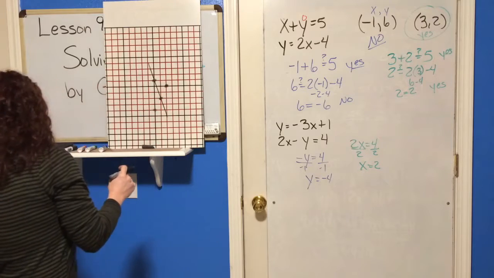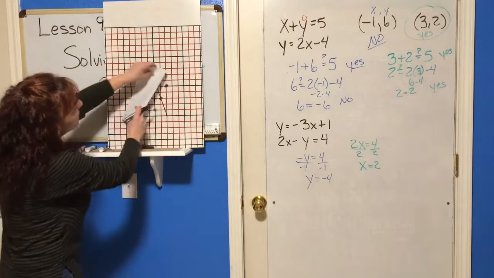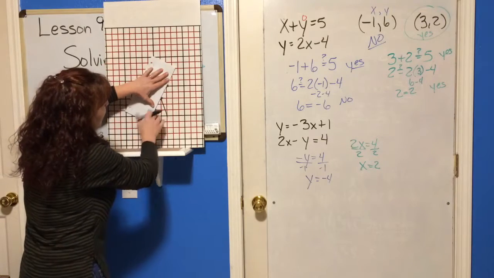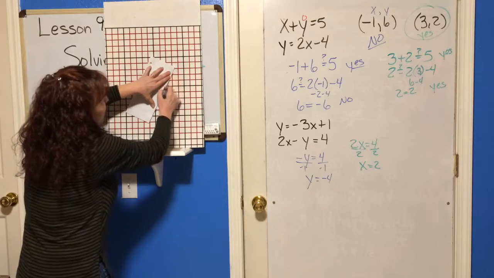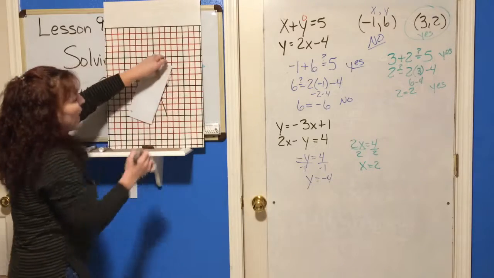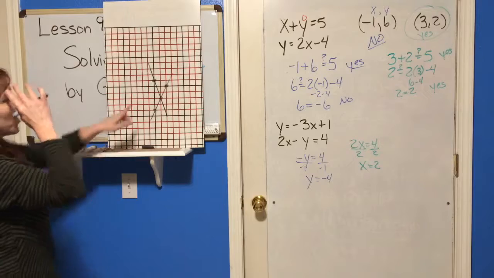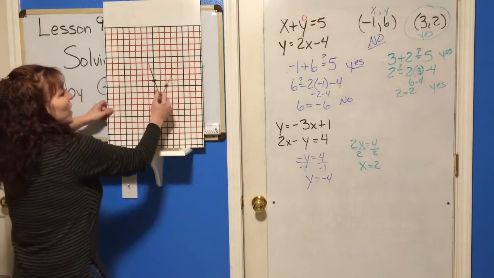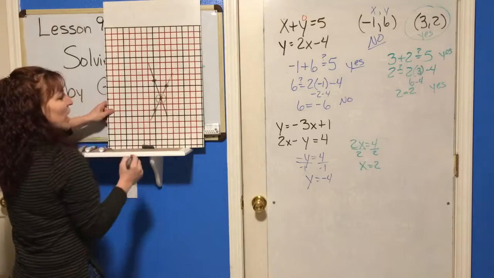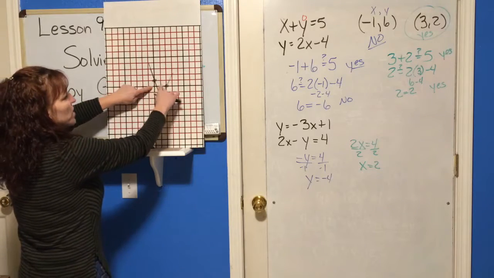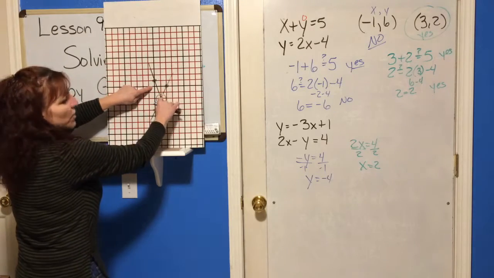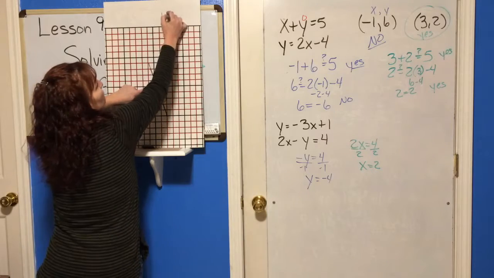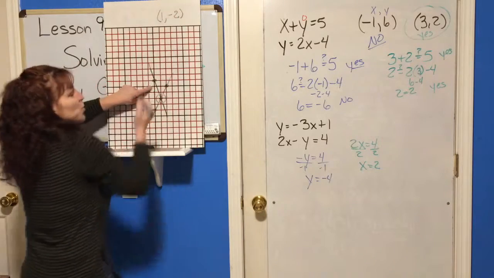Once you've plotted at least 2 points on a line, then you've got yourself a line. And we can see that where they cross, because I'm using graph paper, they cross right there. And that is the point 1, 1, 2 down. So 1, -2 is your solution.